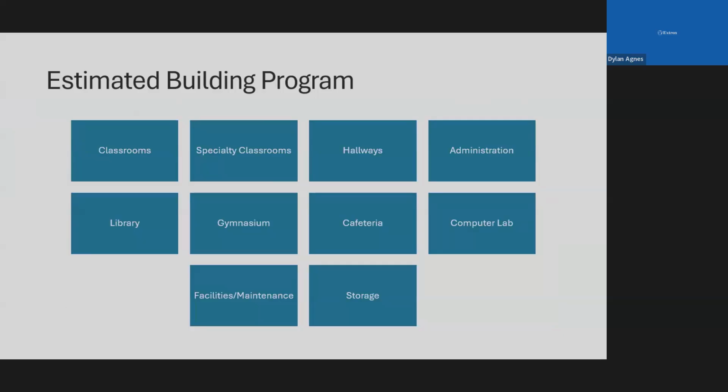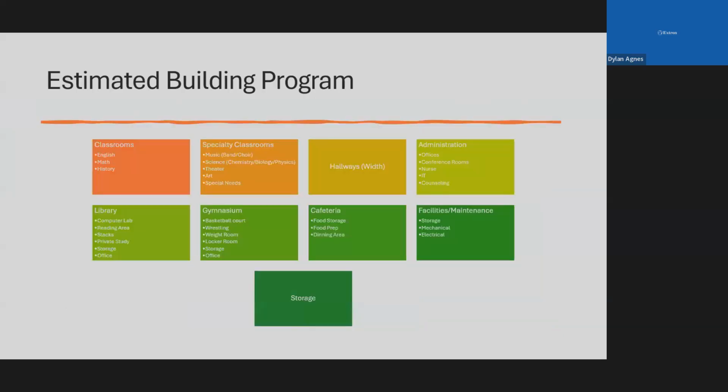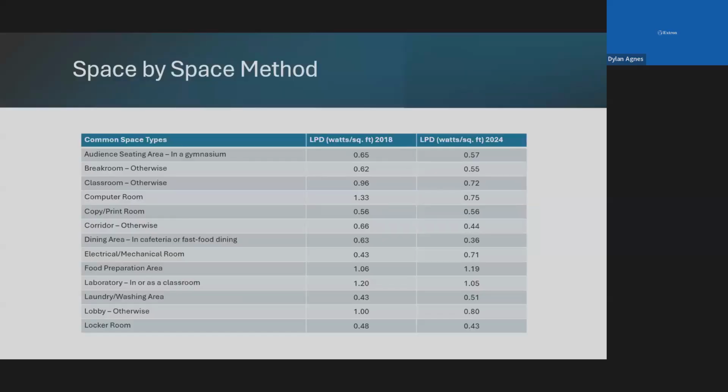Because while you're doing that, you're figuring out your program, how it relates to each other, how many you need, the space requirements, standards from the state, etc. And then as you go through the design process, it gets a little more refined, and you can estimate what your allowance could be and update that as you move through the design process to see if you're still in compliance.